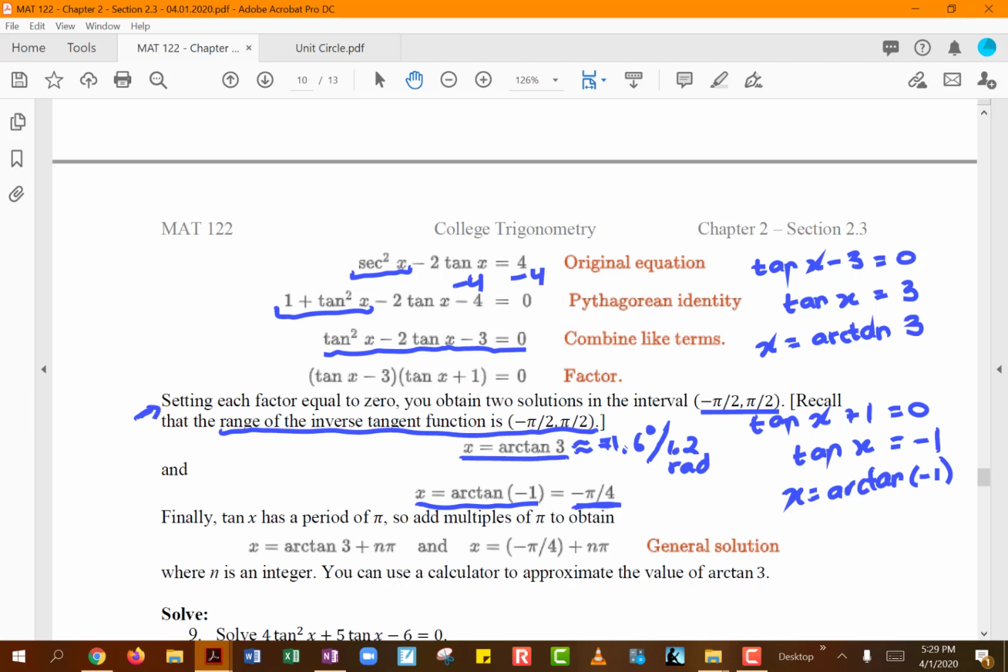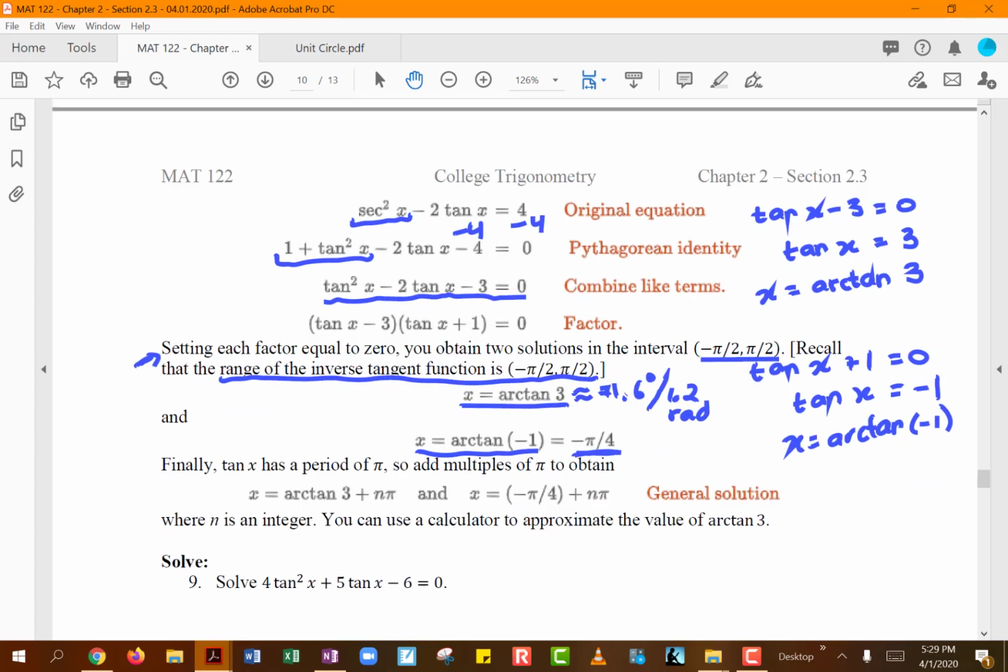So of course that's a number you're not going to find on your unit circle, right? That's why for x equals arctangent of 3, we didn't simplify it any further, because the angle is not a nice number.